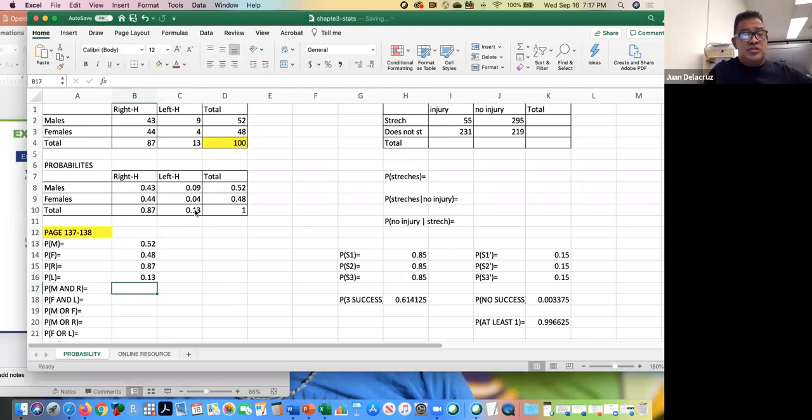Okay. So in the second case, we have the probability of male and right. That's what it says here, right? Because right and male is a conditional probability, remember, we are going to use the multiplication rule.